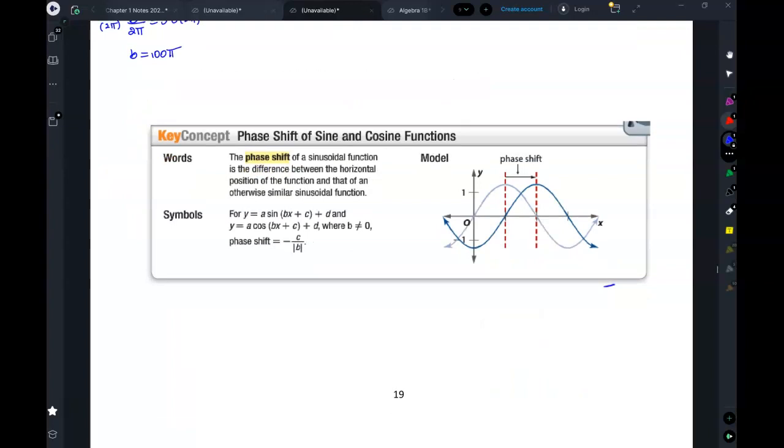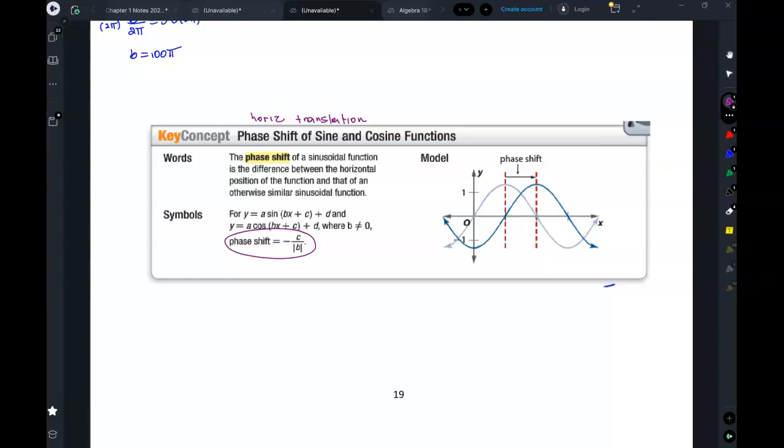Phase shift is what we know as a horizontal translation. It's a horizontal translation, but in the world of trig, we call it phase shift. So we talked about what A does. We talked about what B does. B and C together give us the phase shift. Now, phase shift is negative c over b.